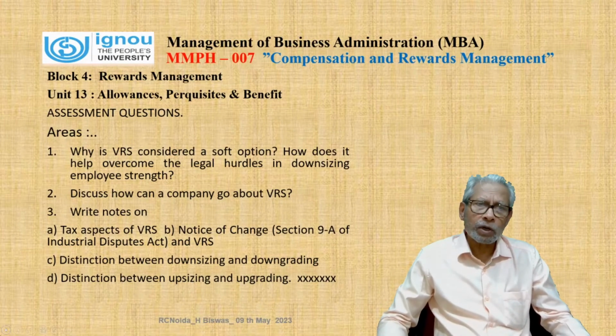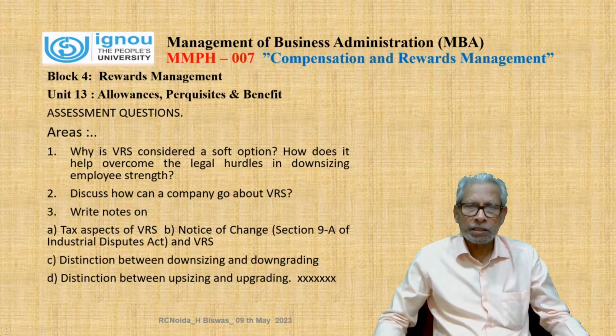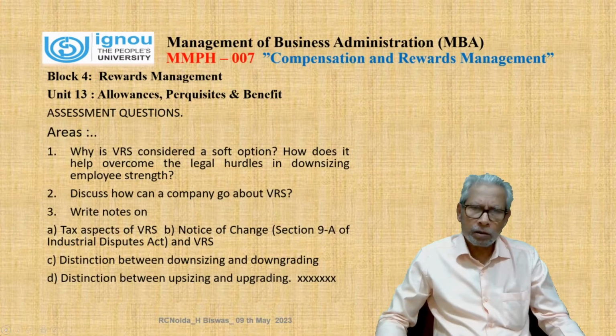How does it help to overcome the legal hurdles in downsizing the employee strength? Because this is one of the problems in downsizing. So the best option is you offer the VRS system, and you can reduce the strength. Because those are the young generations, fresh employees, you cannot downsize immediately.